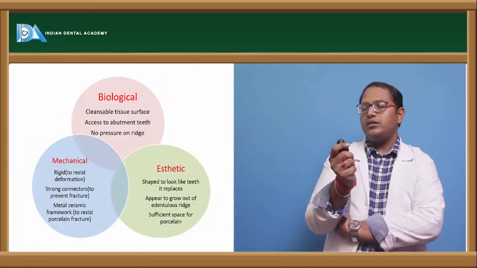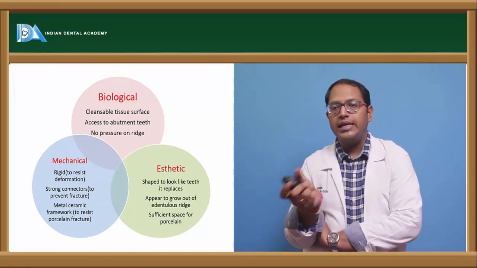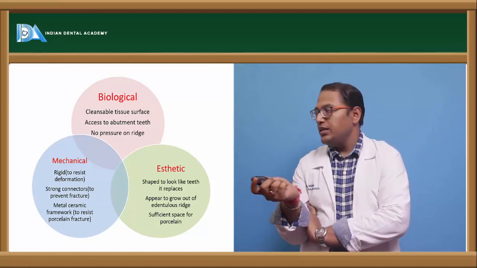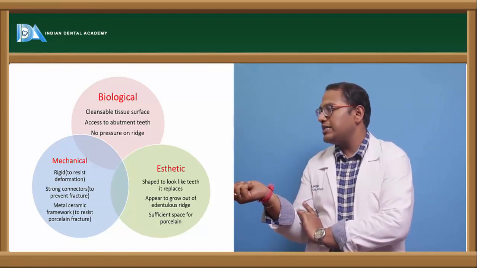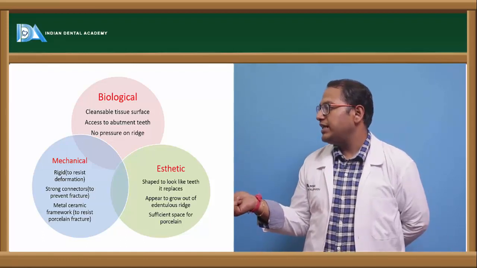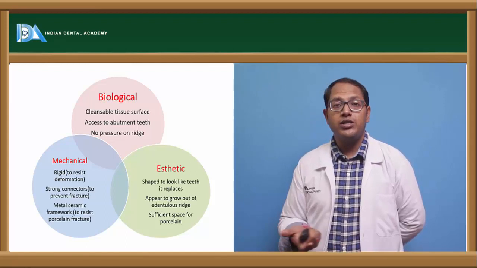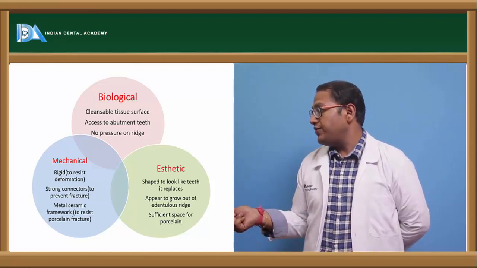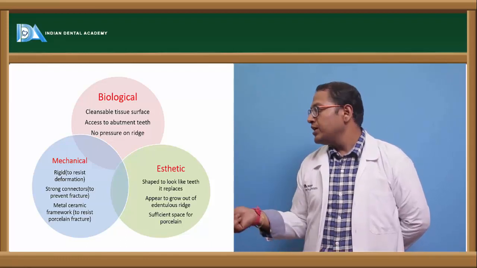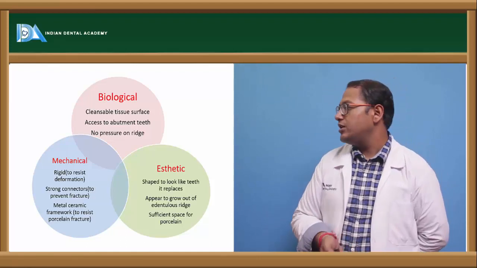Coming to the requirements of a Pontic, there can be three requirements in all. It can be biological, mechanical, or aesthetical. Now the biological requirement is that cleansable tissue surfaces should be there. They should have access to the abutment teeth, and no pressure on the ridge. Mechanical, that it should be rigid because it should not break off, to resist deformation, with strong connectors to prevent fracture. There should be a metal ceramic framework to resist porcelain fracture.